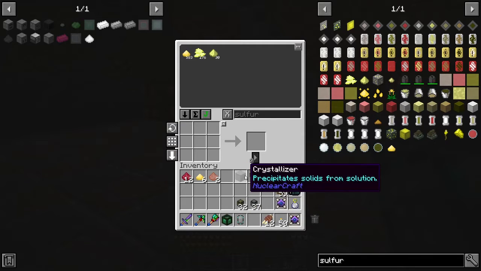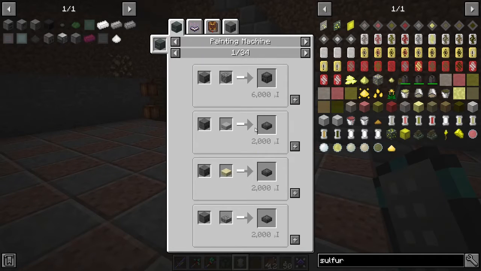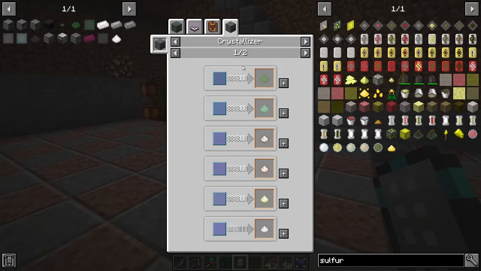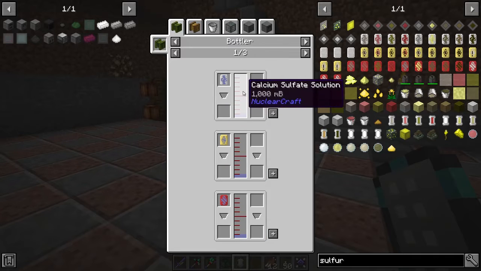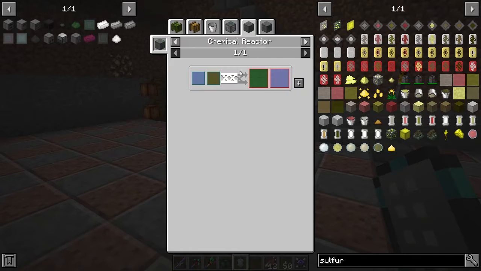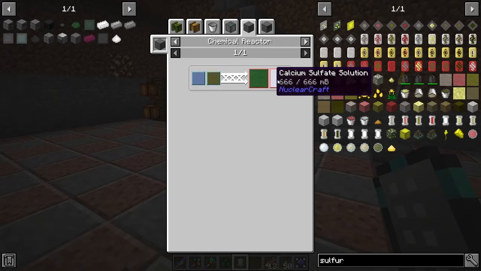Okay, so crystallizer, I don't remember what we needed this for. We needed this to get something. Calcium sulfate that we get from calcium sulfate solution that we get from a chemical reaction of sulfuric acid and fluorite water. So we're working the sulfuric acid to get to that right there.